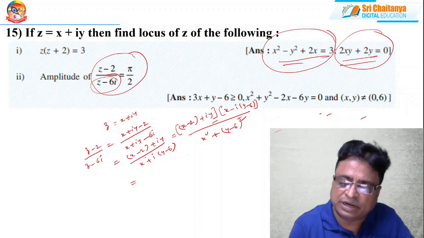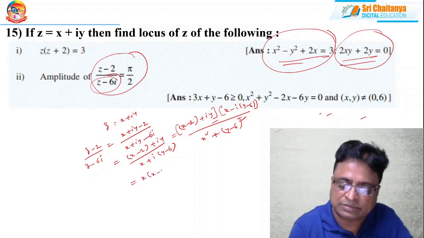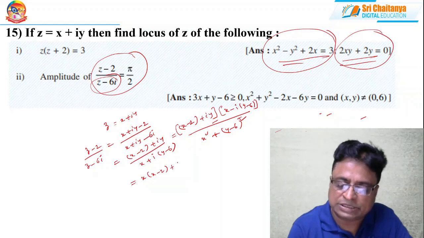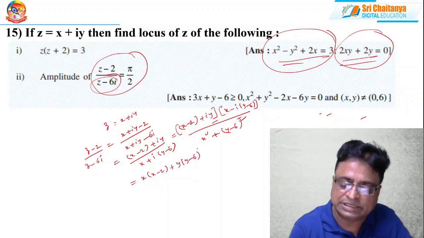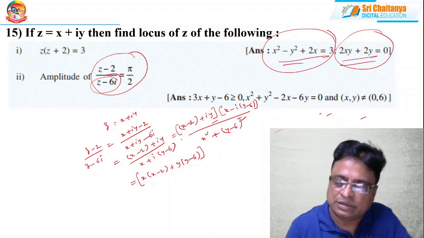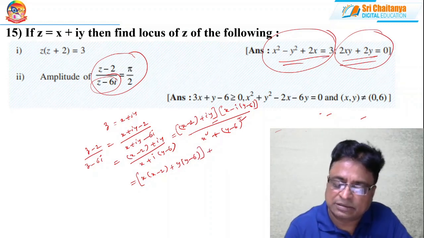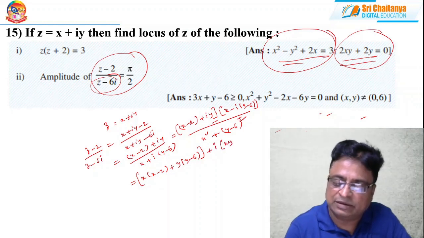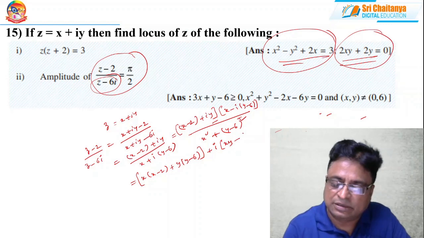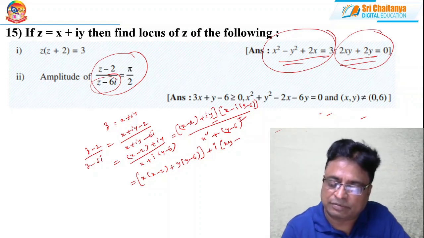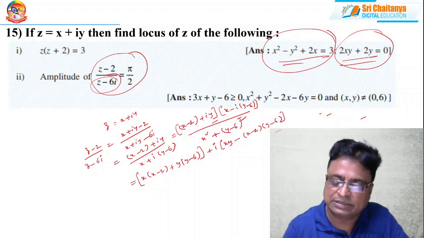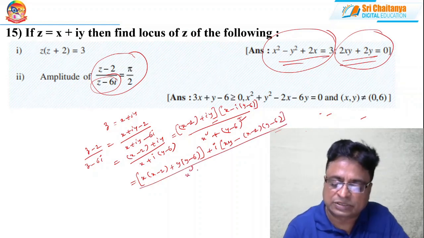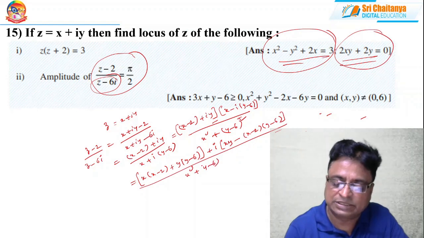Separate real and imaginary parts. So x into x minus 2 plus y into y minus 6, this is the real part, and plus i times the imaginary part, xy minus x minus 2 into y minus 6, by x square plus y minus 6 whole square.